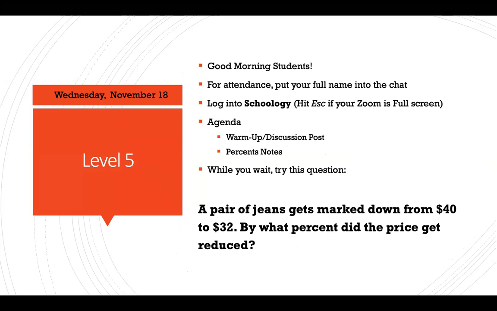And so I saw a couple responses in the chat. What are we supposed to do when we're looking for a percent decrease? Divide. Okay, we're gonna divide, but what do we do first? Take away the 32 from the 40 to find out how much the discounted price was. Okay, great. So we have to subtract first, right?